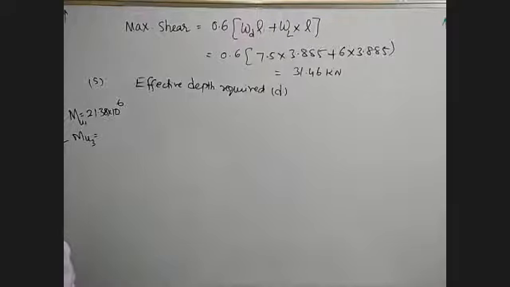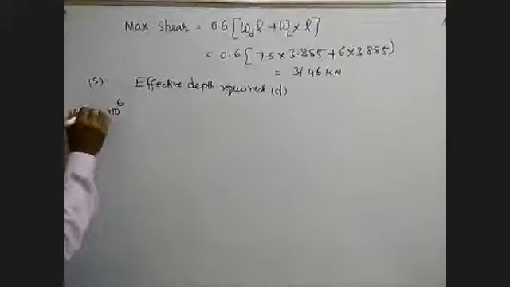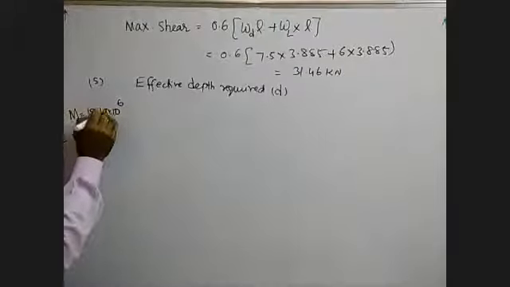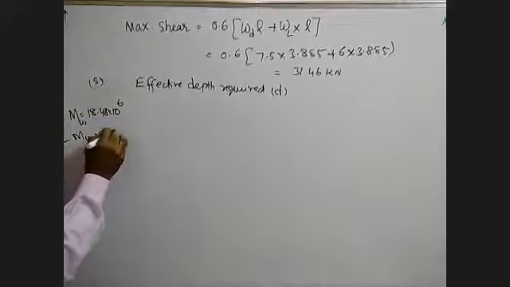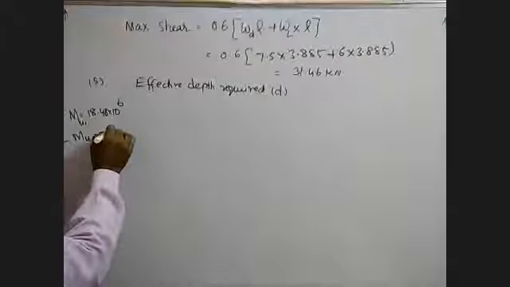MU1 is 18.48, MU3 is 21.3. Is it 21 point something else? It is 21.38.